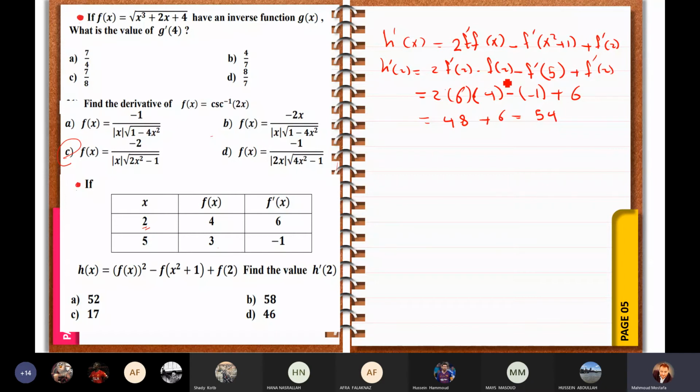F of 2 is 4, minus f prime of 5, it's -1, plus f prime of 2, it's again 6. 48 plus 6, it's 54. Correct. So it will be 54.